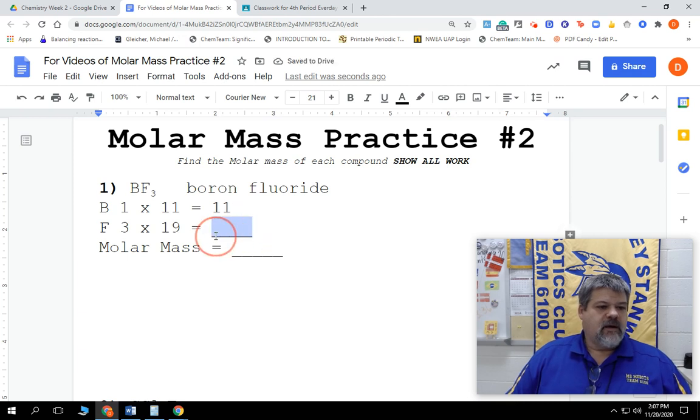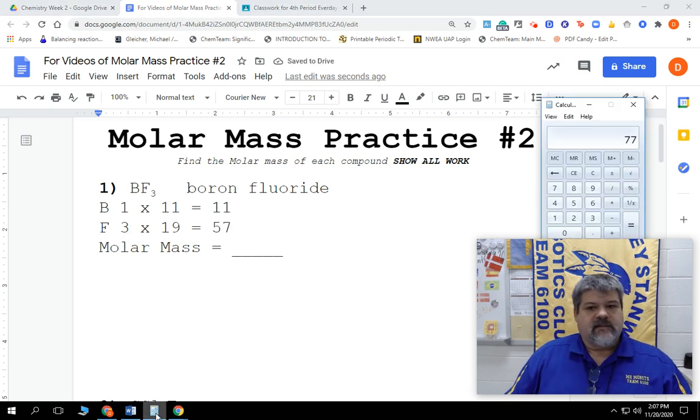For the other one, we can use a calculator, but we can also say 19 is pretty close to 20, and 3 twenties would be 60. Take away 3, 1 from each one, and I would have 57. Let's double check. I'm a double checker, if you haven't figured that out by now. 3 times 19 equals 57, so we're correct.